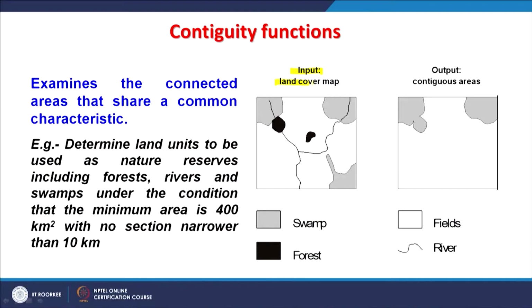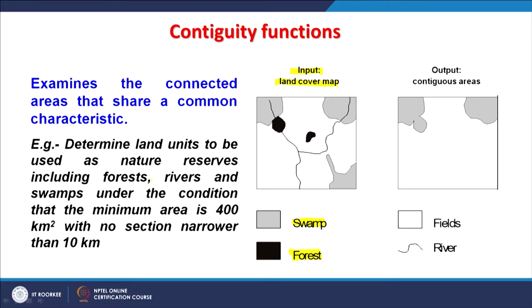For example, in this schematic, this is our input map, a land cover map, in which we also have our drainage lines and other connectivity things.